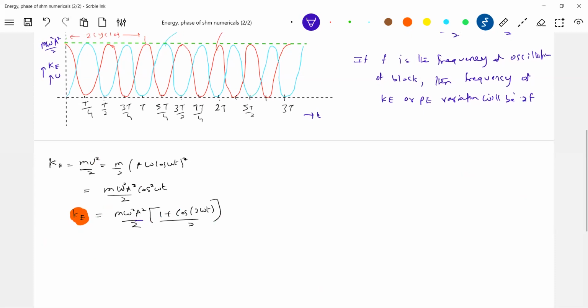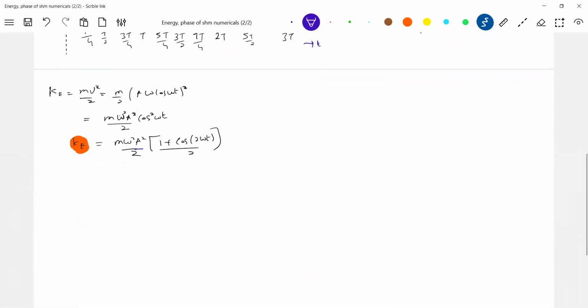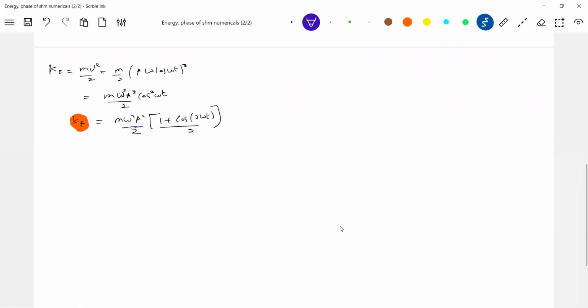One cycle means we should take 0 to T. So how to calculate the average value of a function? Can you recollect what we have done earlier? Average kinetic energy is equal to the integral of KE of t dt divided by T, over one cycle.